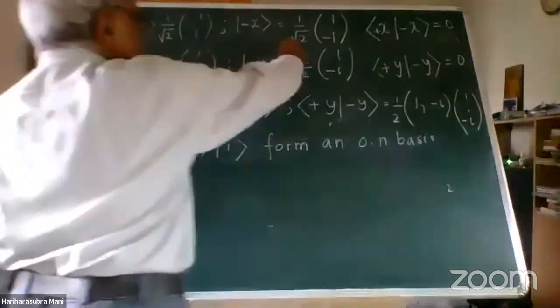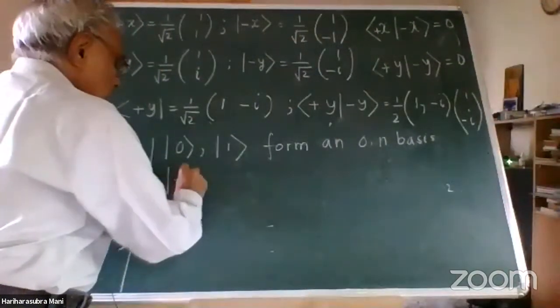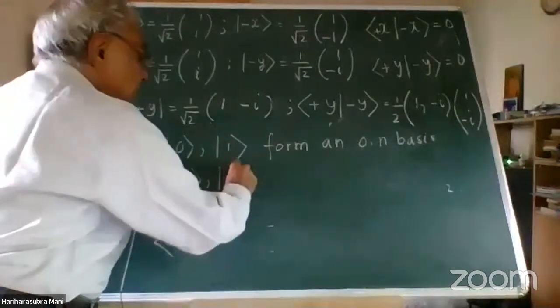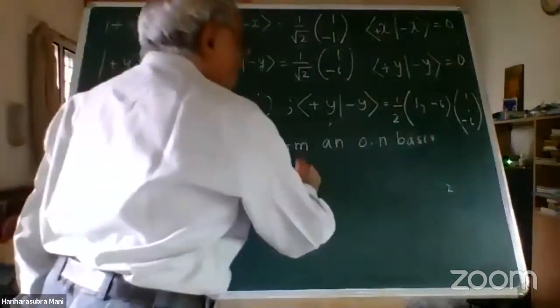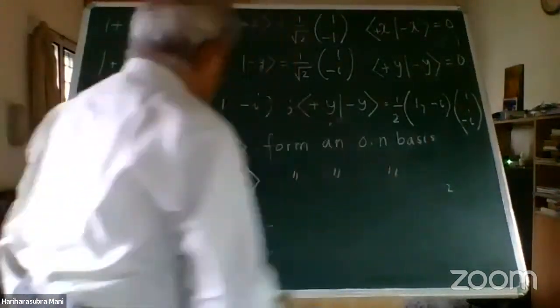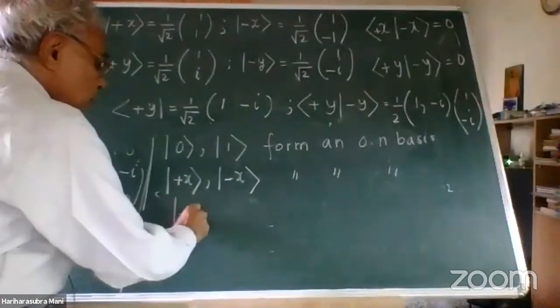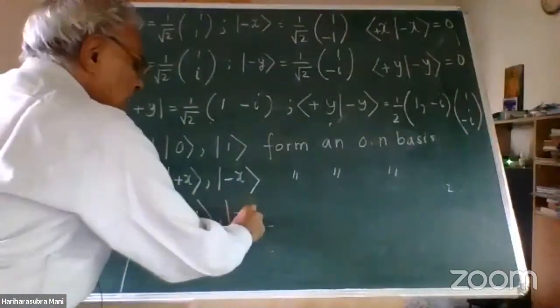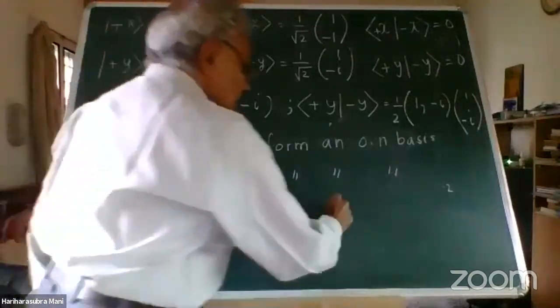These two vectors also form an orthonormal basis, a different one. Similarly, of course, I can have infinitely many of them. I've just chosen some of them.